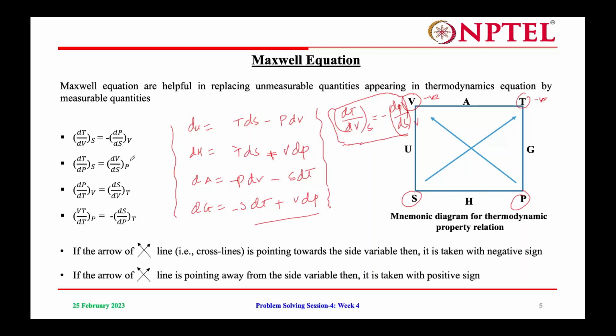Similarly, this is based on the enthalpy, like dT by dP, and this is based on the G, right? If you remember this diagram, you can develop these equations based on that. You can easily make these relations.